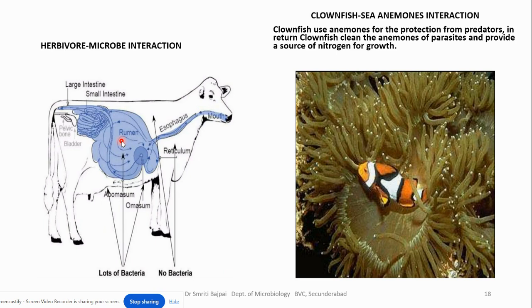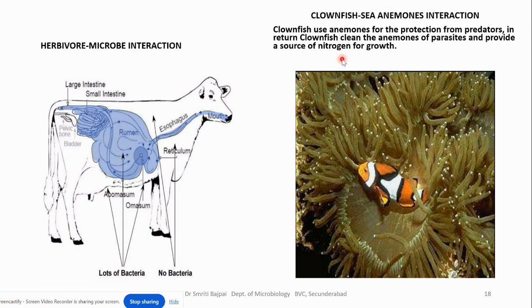These bacteria get their nutrition from the food, and in return they degrade the cellulose. Cattle feed on grass and paper, all of which have cellulose, and that is degraded by these bacteria. In return they get their food. So that is one of the interactions.